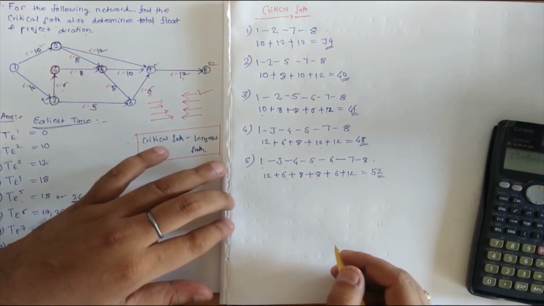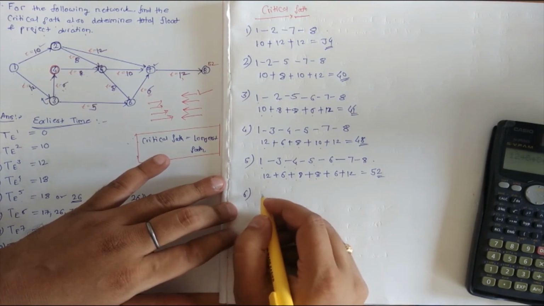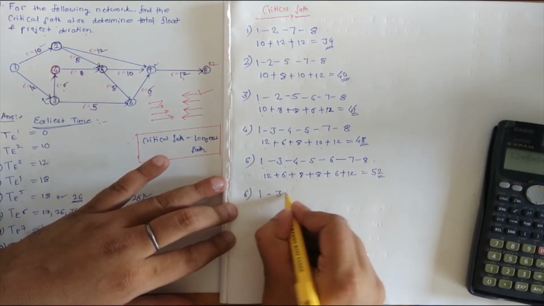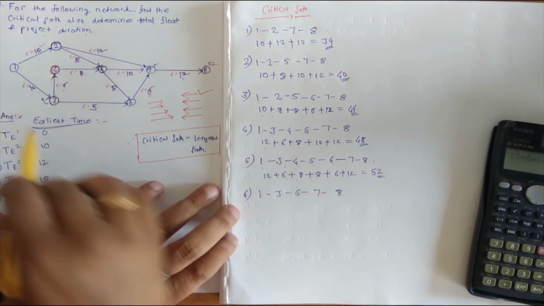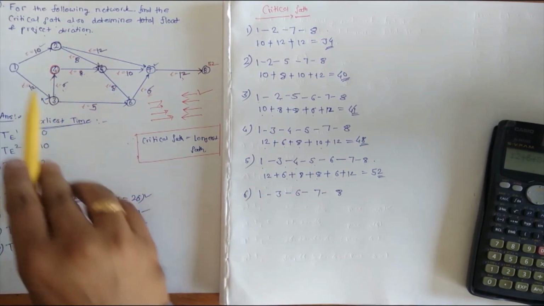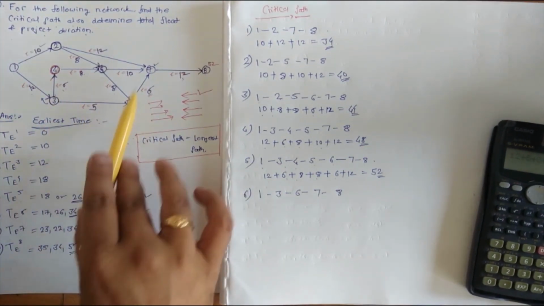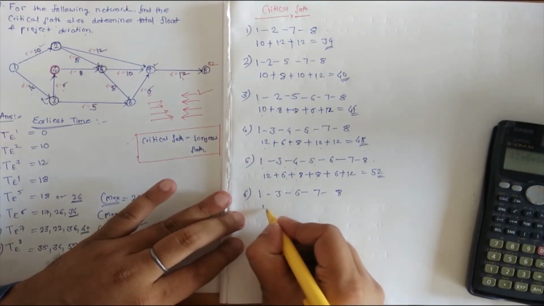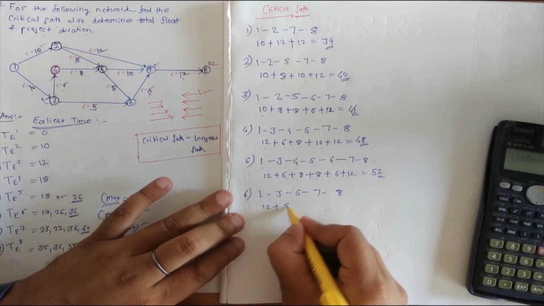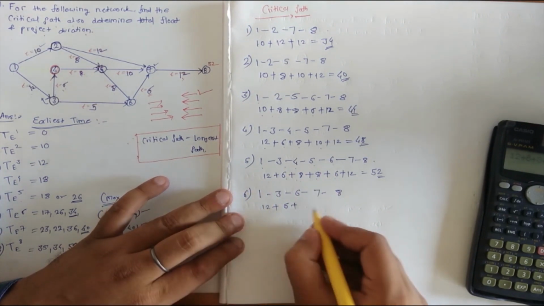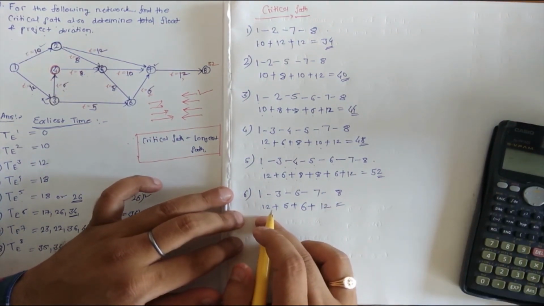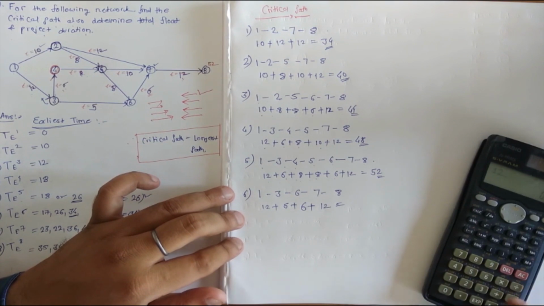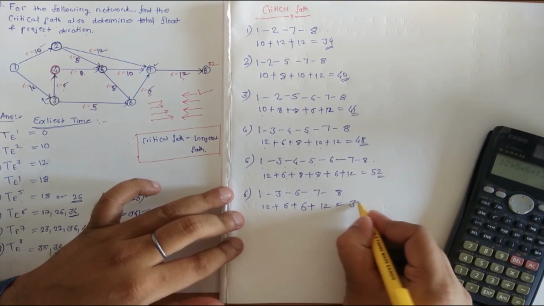Okay, and one more path is there. You can identify one more: 1, 3, then 6, then 7, then 8, the bottommost path. So from 1 to 3 we have 12, 3 to 6 we have 5, 6 to 7 we have 6, and 7 to 8 we have 12. 12 plus 5 plus 6 plus 12 equals 35.